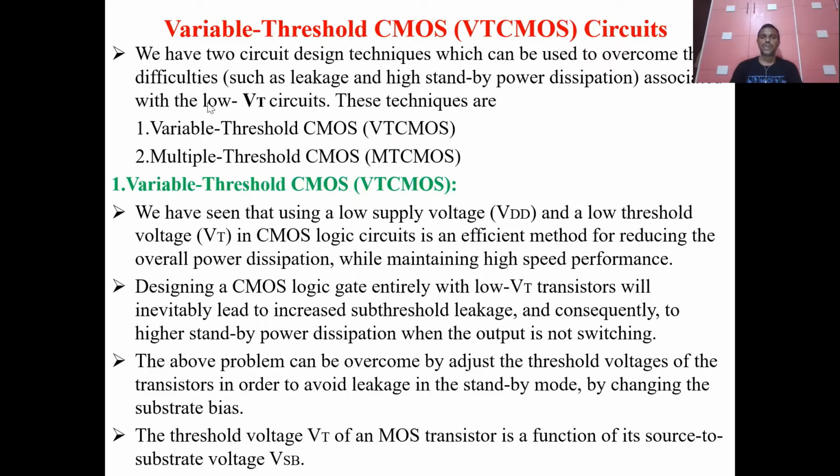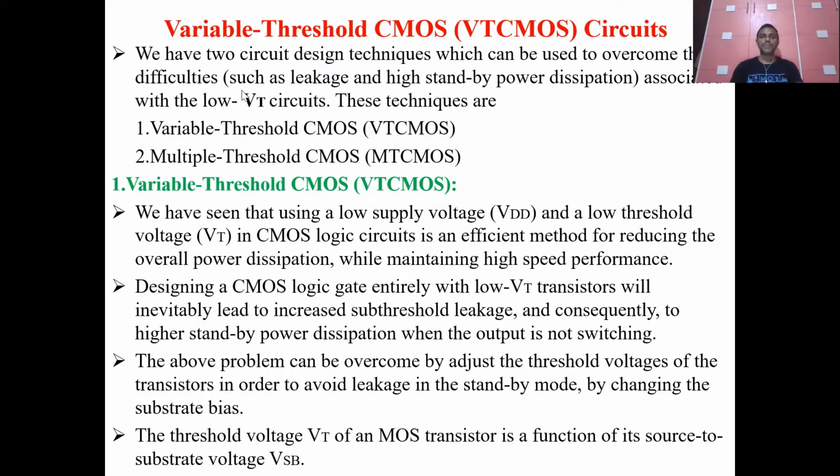If you scale down VDD, you have to scale down the threshold voltage also, and if you reduce the threshold voltage, we get many problems. So we have two different circuit design techniques to overcome these difficulties.